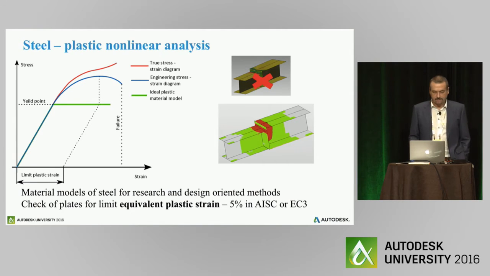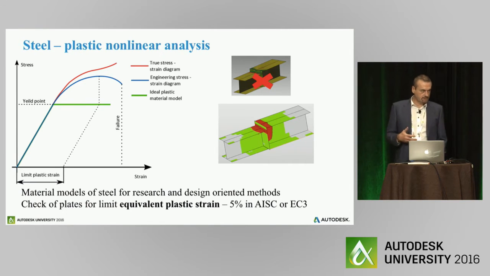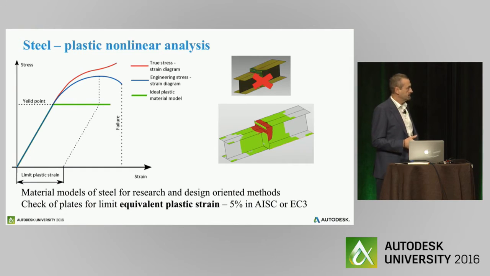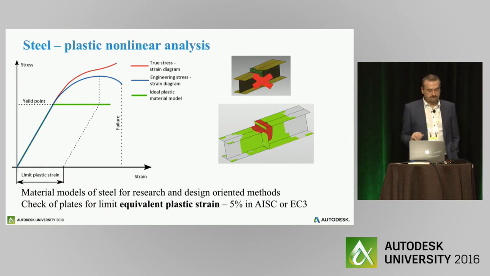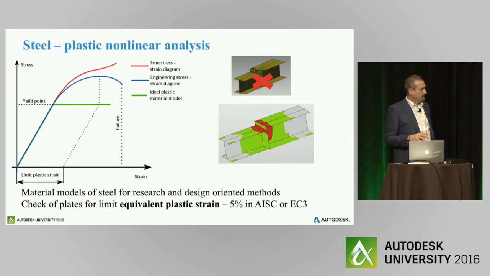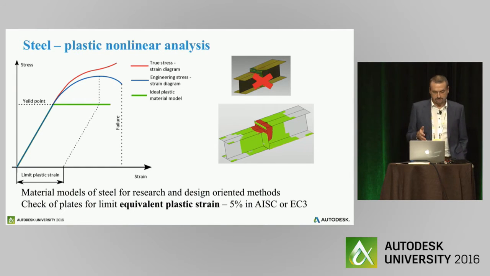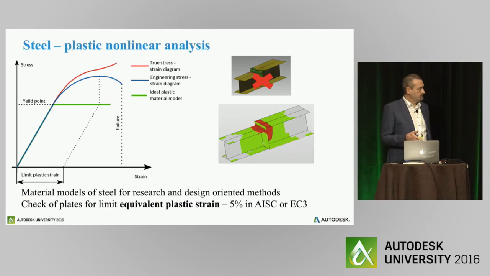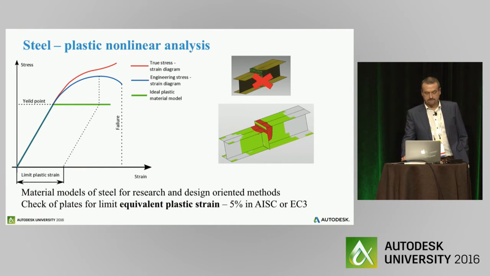But in our method, because we want to make checks according to code, we use the diagram which is according to code. It is this green one, this simplified elastic plastic diagram. And when we use it, we cannot do the checks for the stress, but we have to check the strain. It is recommended according to codes that 5% of equivalent strain is a value which cannot be exceeded.